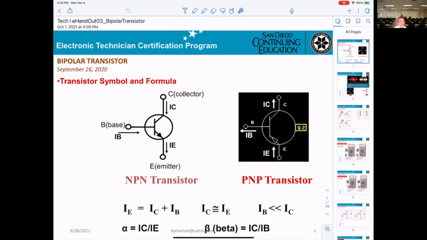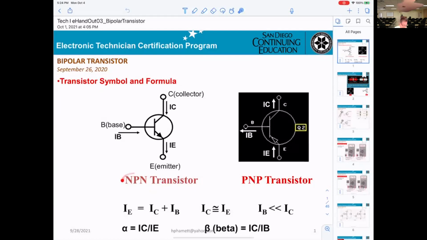We already finished with the diode. Diode means PN junction. So basically, NPN has two diodes combined to make a transistor. And in the bipolar transistor, you get two different types.